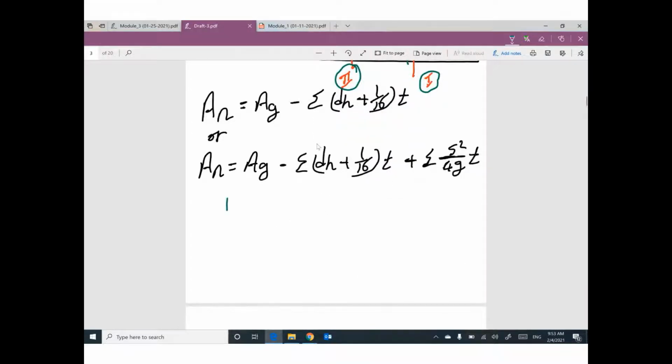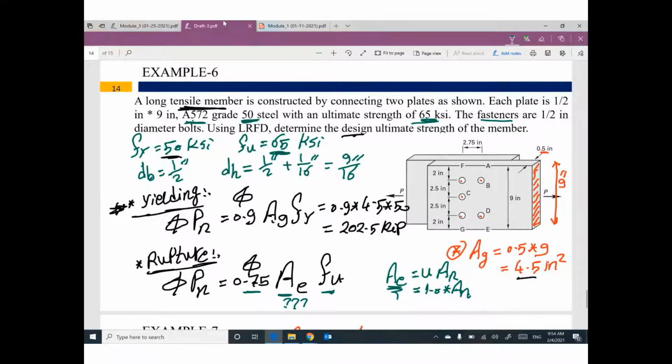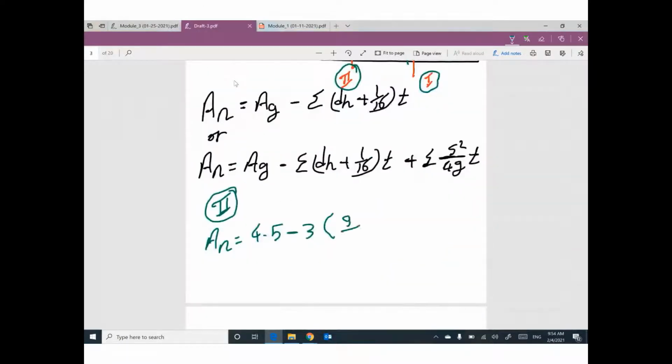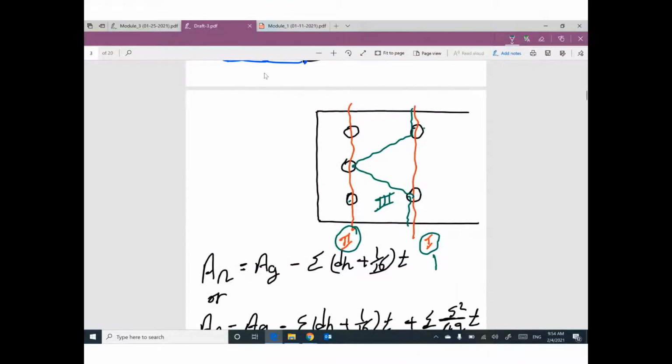So let's try this case of failure. Area net will be area gross 4.5 minus how many bolts? 3. D hole 9/16 plus 1/16 times thickness 1/2. If you try the first one, you will use only 2 holes.